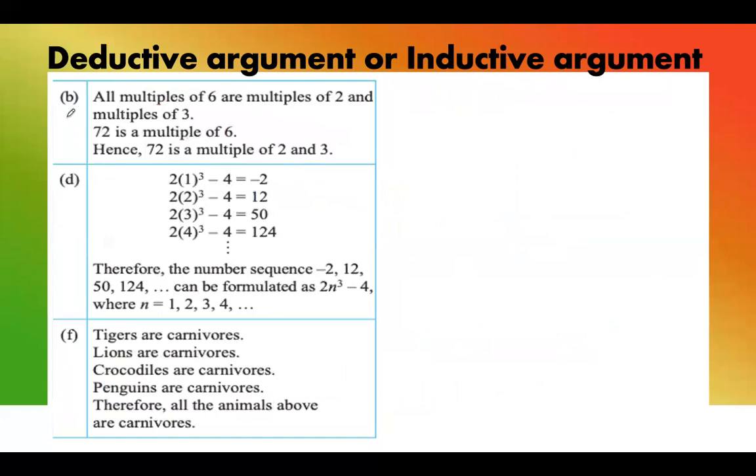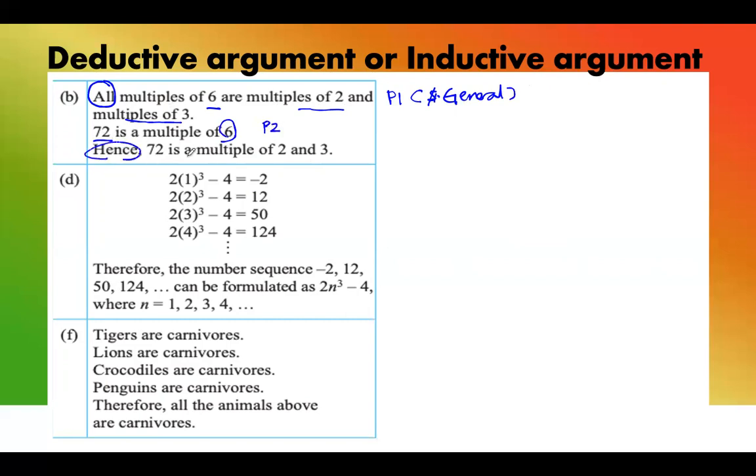So we go to B here. Again, you see the word "all" here. All multiples of 6 are multiples of 2 and multiples of 3. This is premise 1. I don't write it now, but you write it in your notes. This is not specific but general. And then 72 is a multiple of 6. This is premise 2.